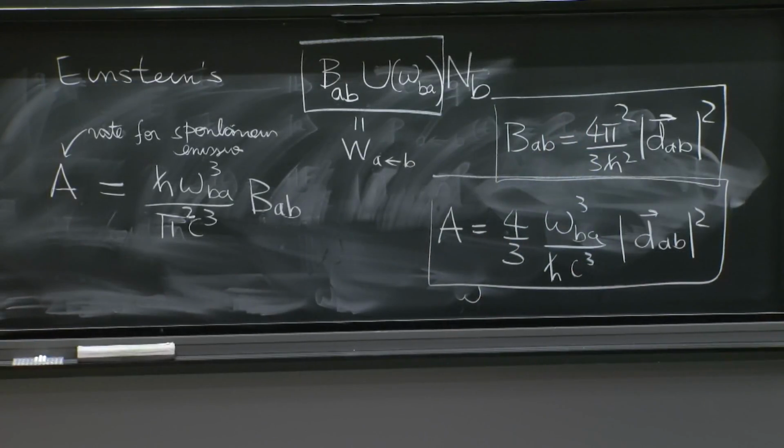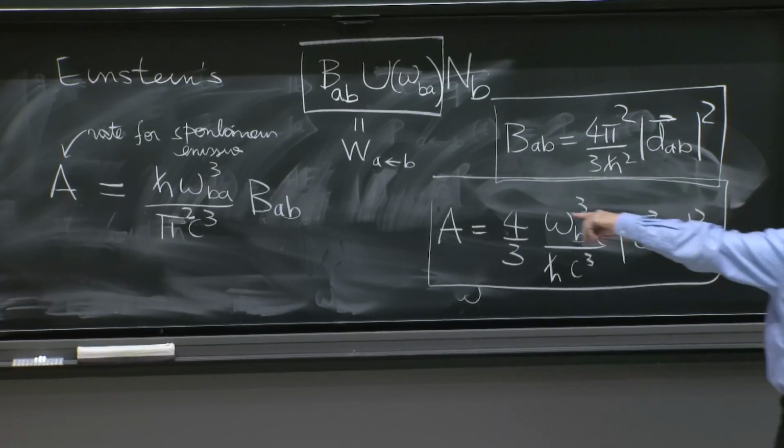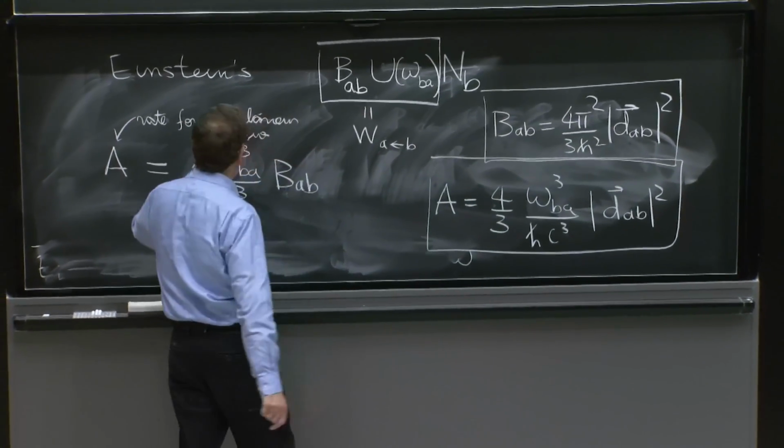We get, for example, a decay rate A. It's a rate for spontaneous emission.